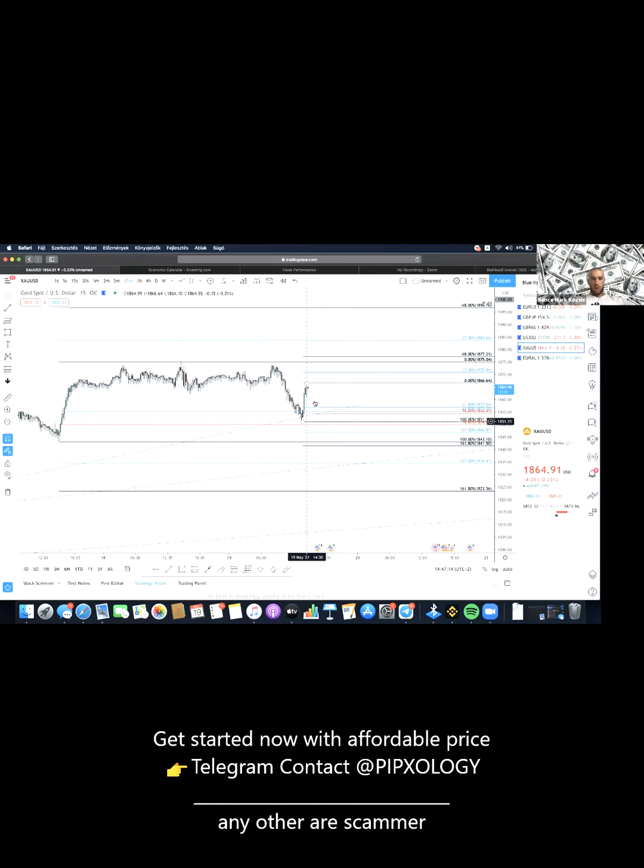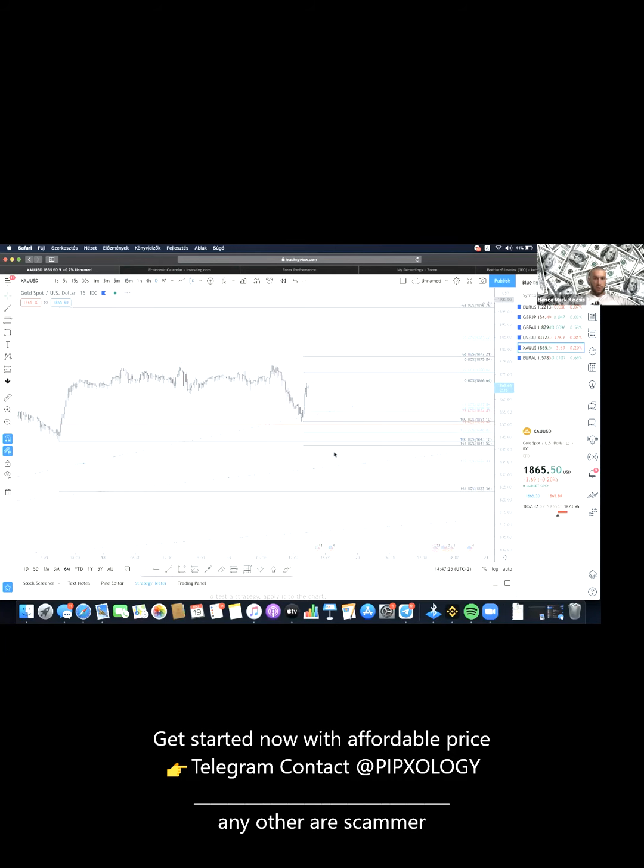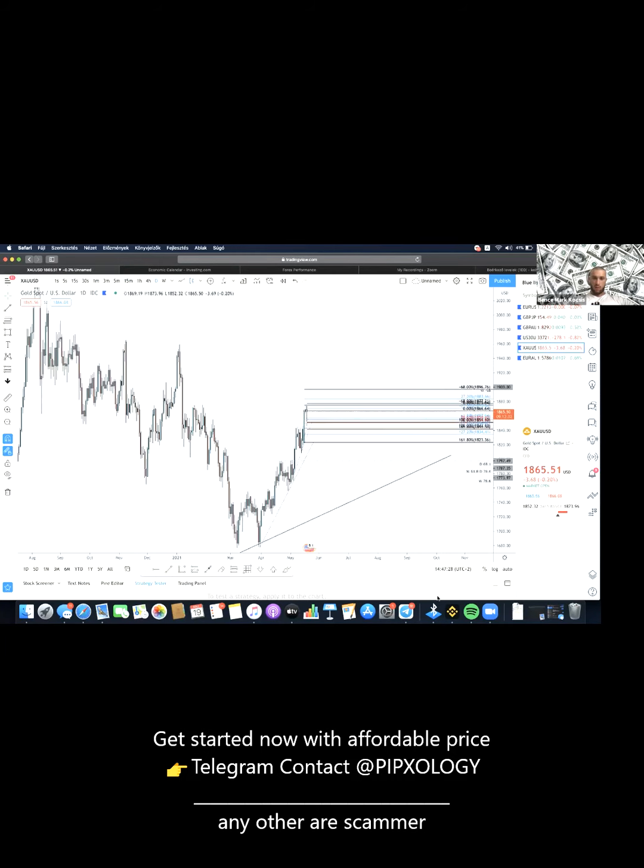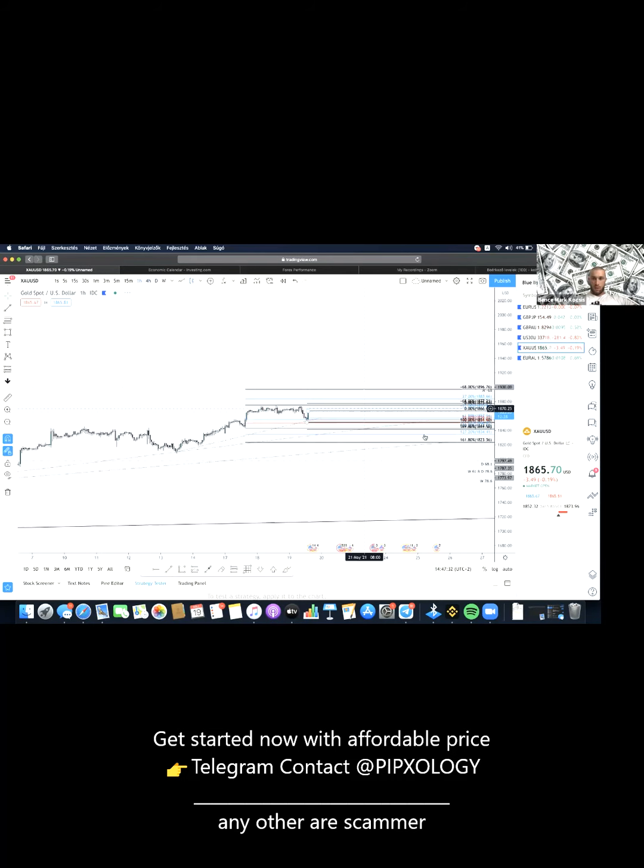This is what I think. If you know exactly, if this structure is broken, the 78.60 is broken, after that we can expect a huge drop to the 127, and basically that is the daily trend line, coming from low to high. So yeah, at the moment that's all on gold. I'm just waiting and we will see what happens.